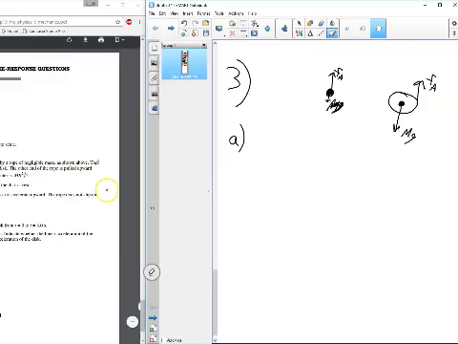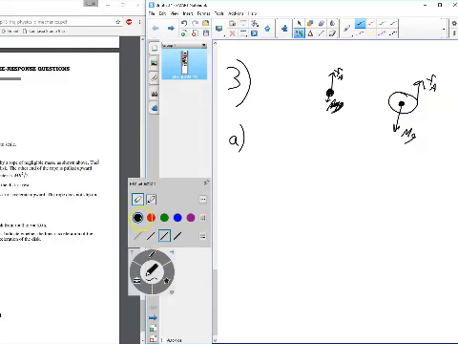So we have F sub a, and let's see, can I actually get this to work? Come on. Here we go. Okay, and yes, even though it looks like an eraser, it's not an eraser.